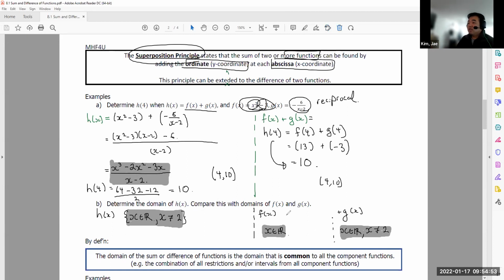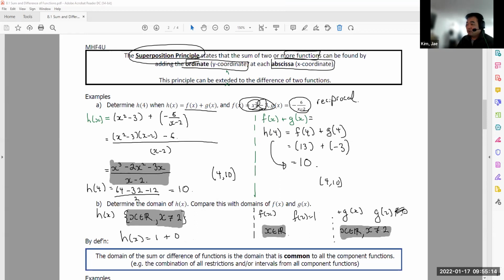Another example, let's pretend f of 2 equals 1. G of 2 is not a 0. It's not like when you're adding it together, h of x is saying 1 plus 0. 0 is a number.